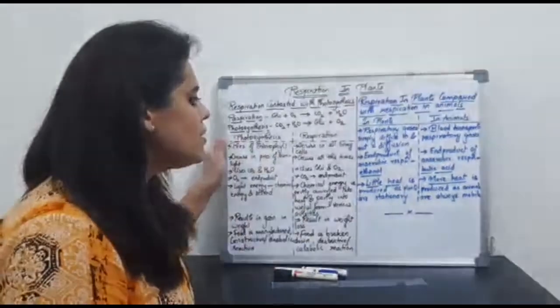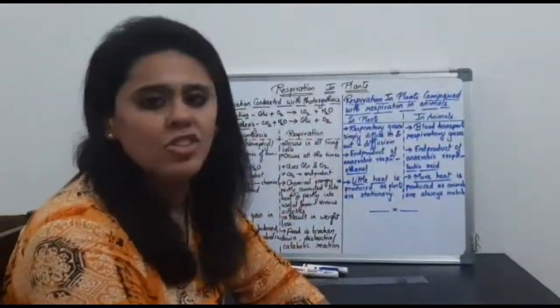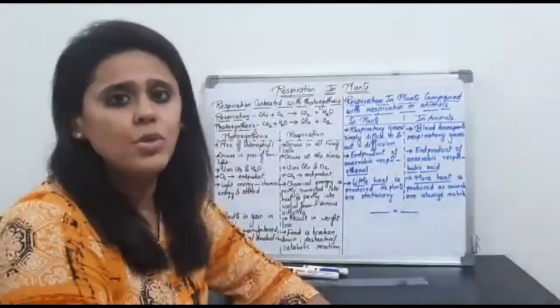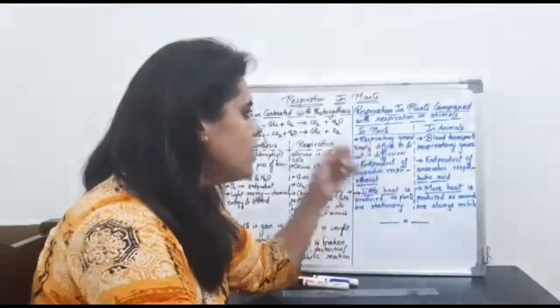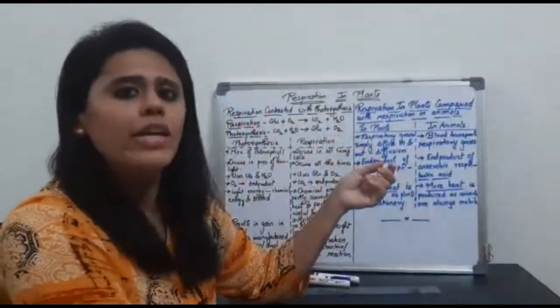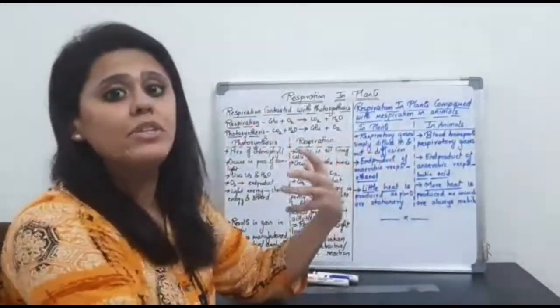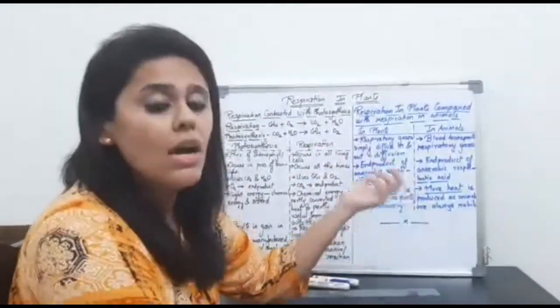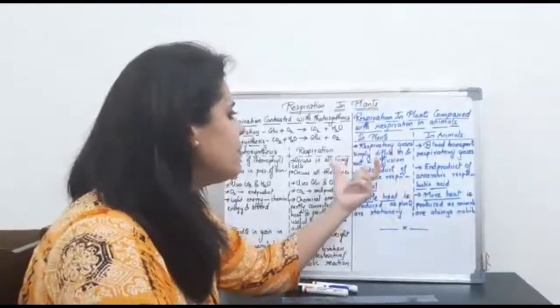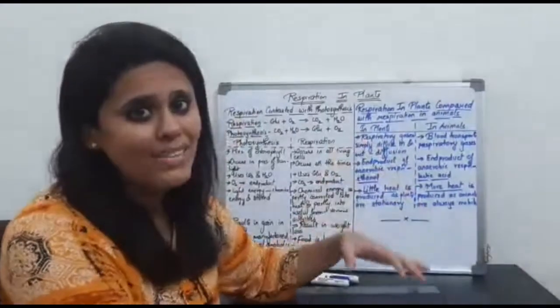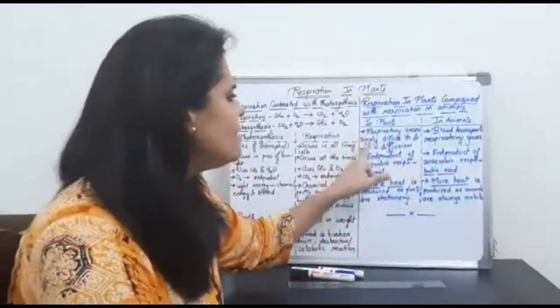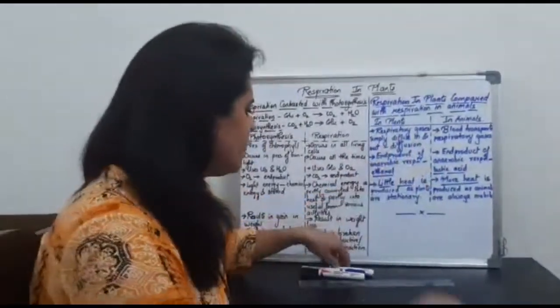The last part talks about the respiration in the plant body when compared to the respiration occurring in the animal body. Few differences. In plant body, we do not have any respiratory system as such. However, the respiration occurs by the diffusion of the respiratory gases from one cell to another cell by the simple process called diffusion.